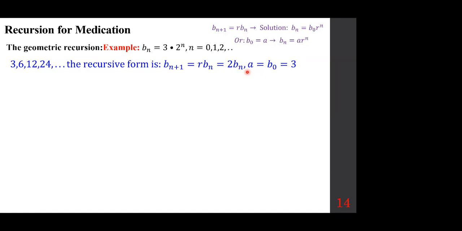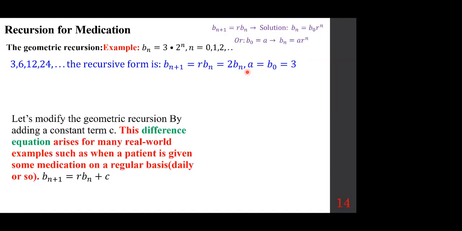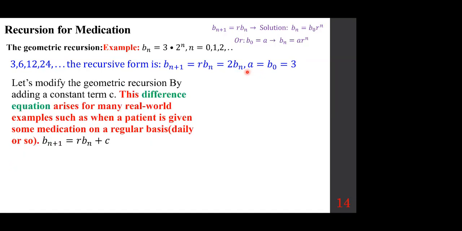What we want to do is modify this geometric recursion by adding a constant. So this one, class, b sub n plus 1 equals r b sub n, we want to add a constant.